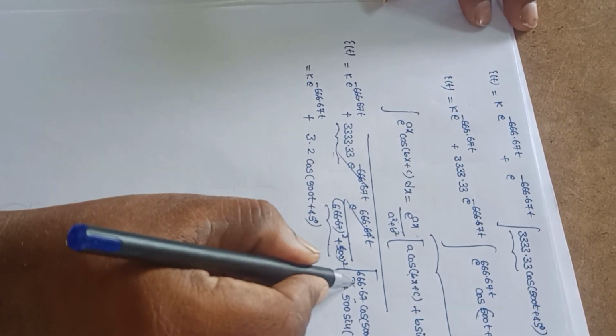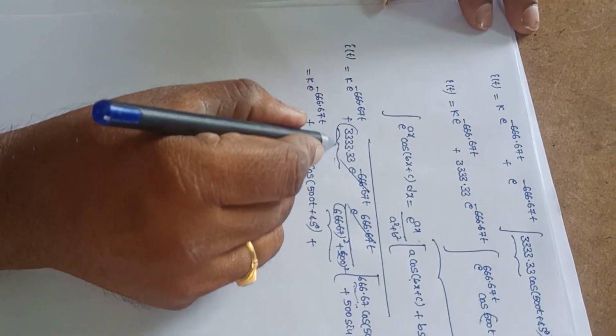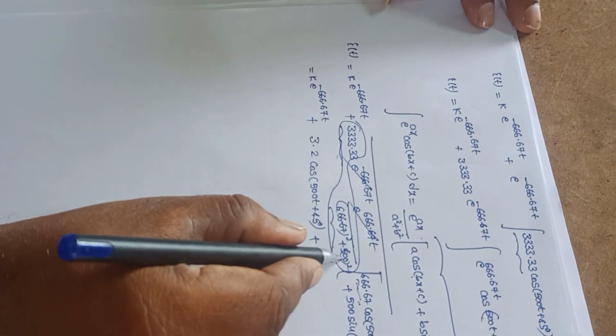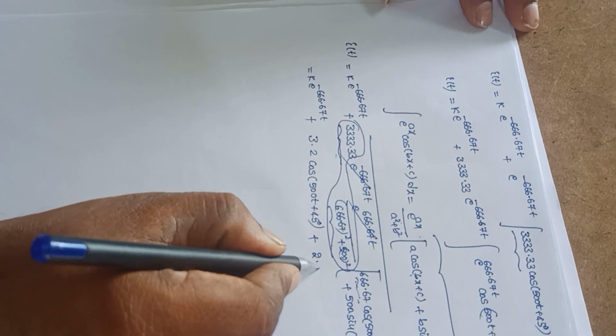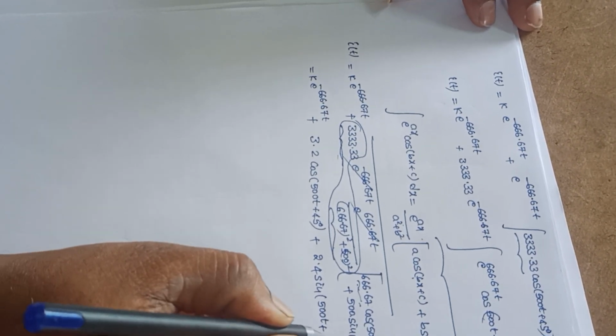If I multiply this total value with this 500, then I will get 2.4 sine of 500t plus 45 degrees.